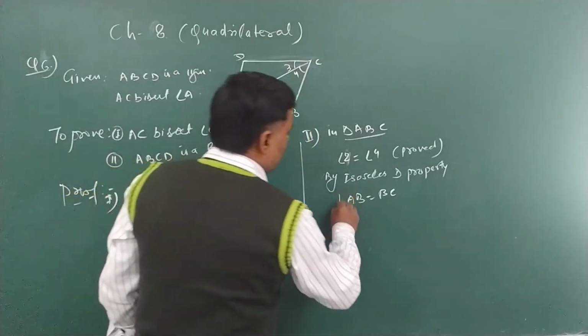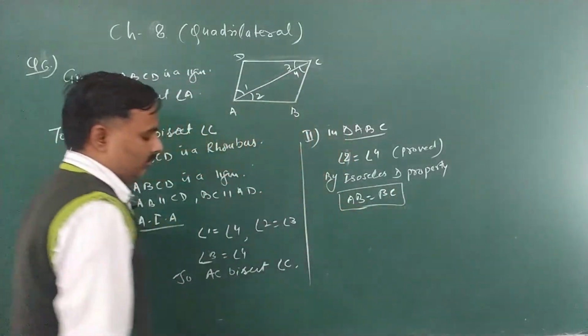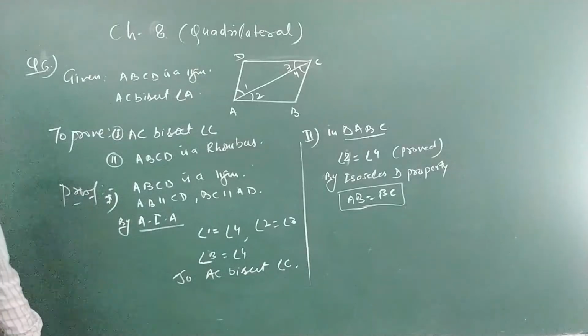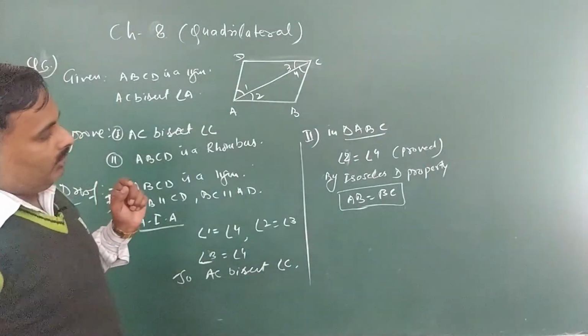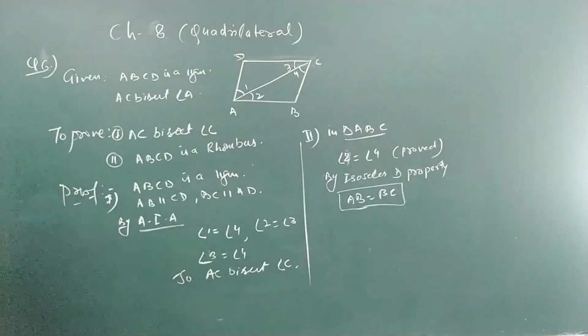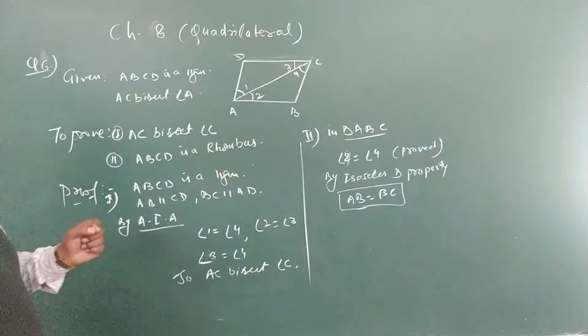Sides opposite to equal angles are equal. If a pair of adjacent sides of a parallelogram become equal, then it will be a rhombus.